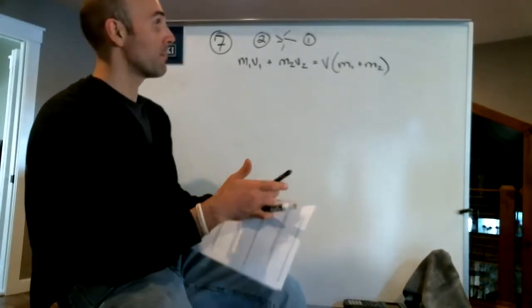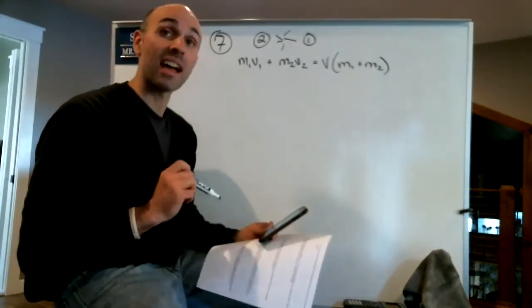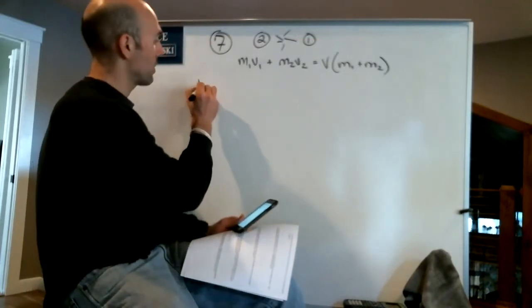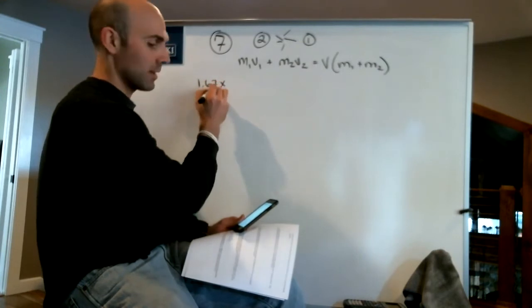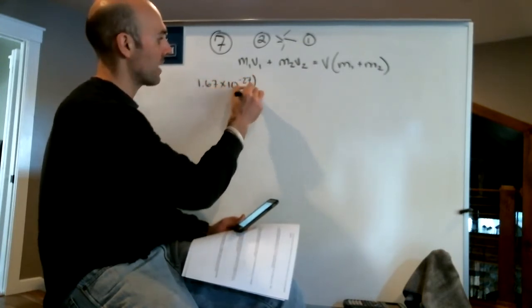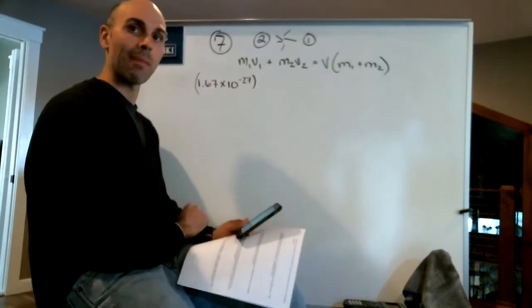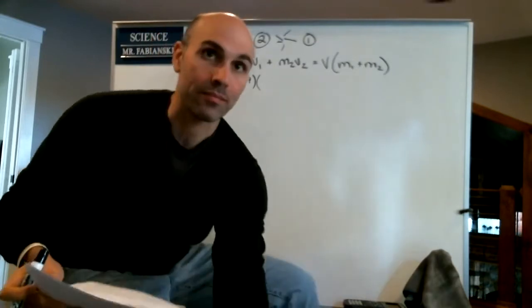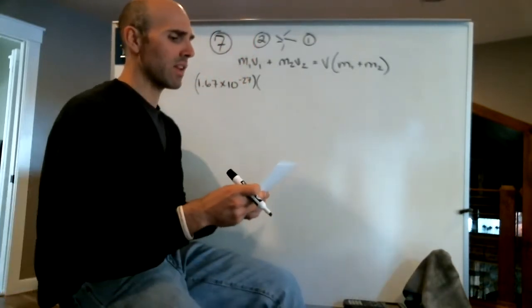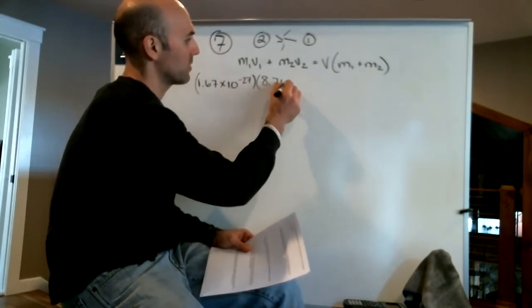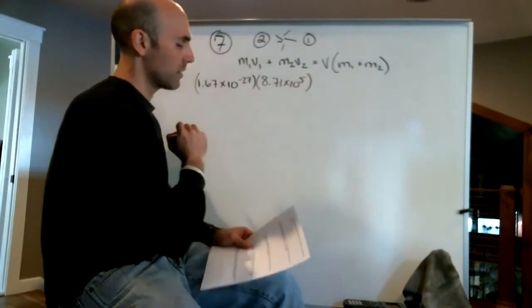So, the mass of a proton, ready for this? It's in scientific notation: 1.67 times 10 to the negative 27th. That is your mass. The first proton is traveling at a velocity of 8.71 times 10 to the 5th.